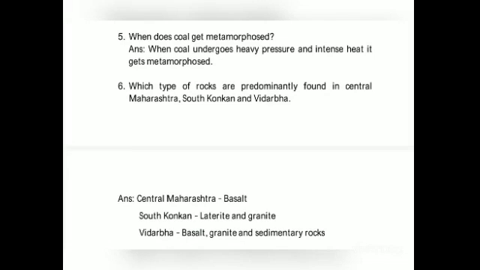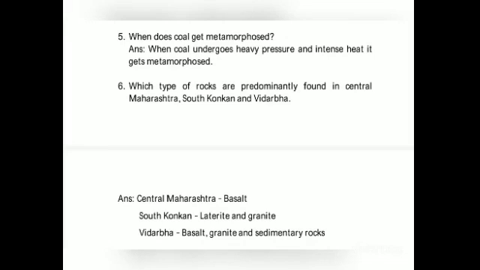The answer is when coal undergoes heavy pressure and intense heat, it gets metamorphosed.